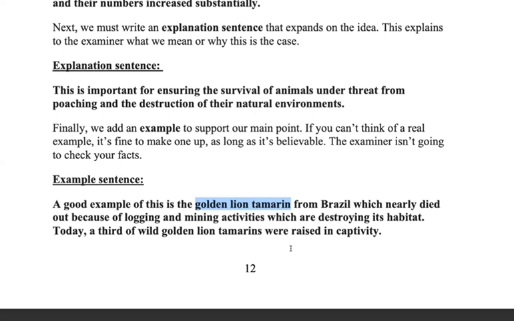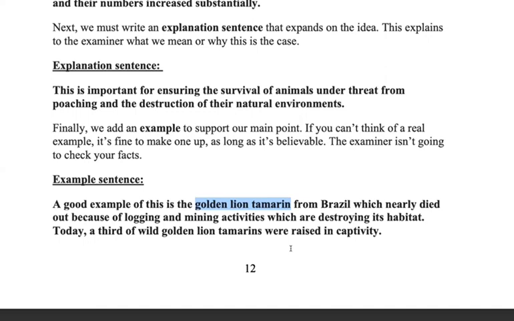It is in danger of extinction, because of the mining activities and as well the logging, cutting down the trees.